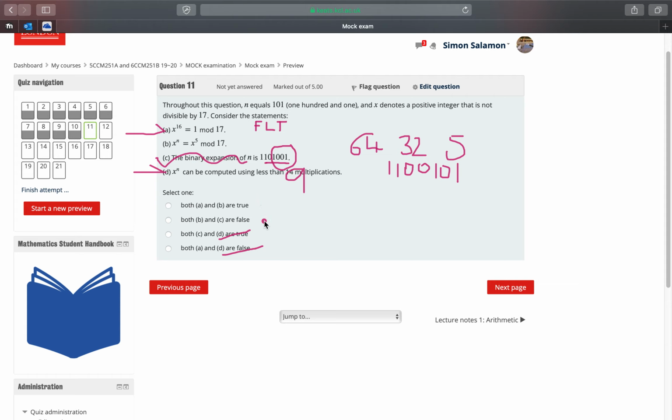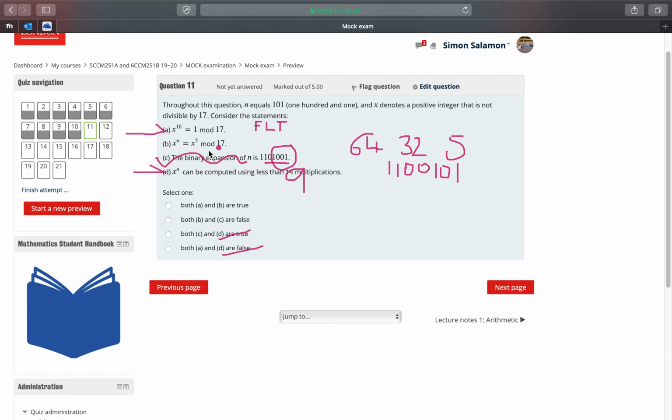B and C are false? So we still need to know, we still have to do a bit more work, unfortunately. We need to know about B, so I couldn't avoid this.